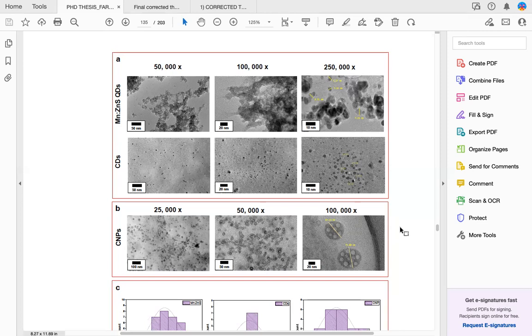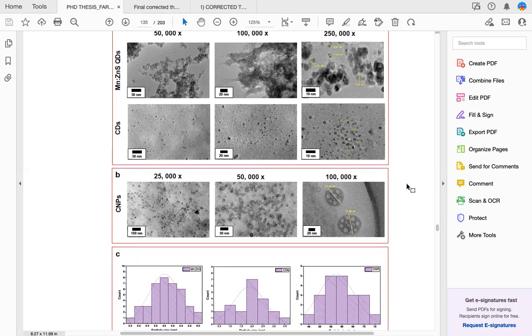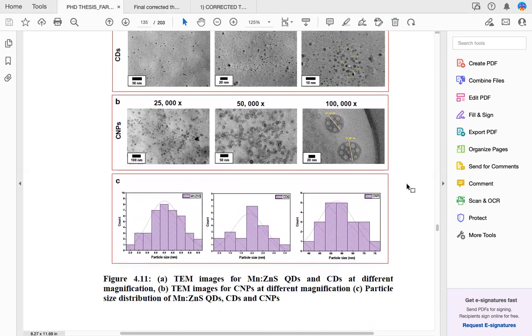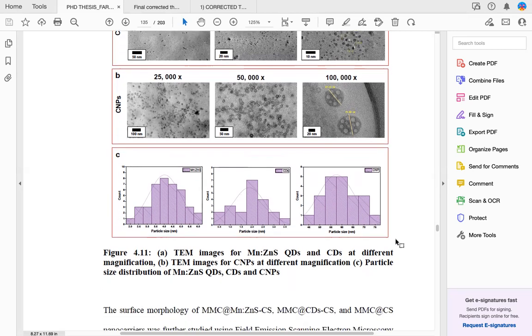The information and the scale must be there if you present this kind of results. The analysis of the particle size can also be generated from this machine.